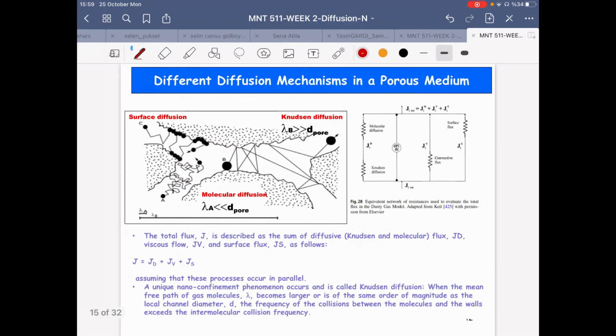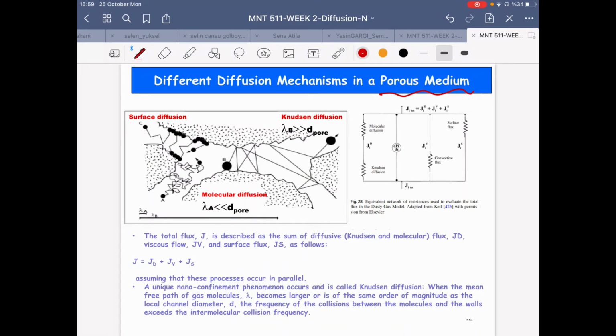Okay, so let's have a closer look at this. In this figure, we are seeing that there are different diffusion mechanisms in a porous medium. Not everything follows Fick's law, not everything is perfect in our little worlds. There are these tortuous paths that we have to go through.